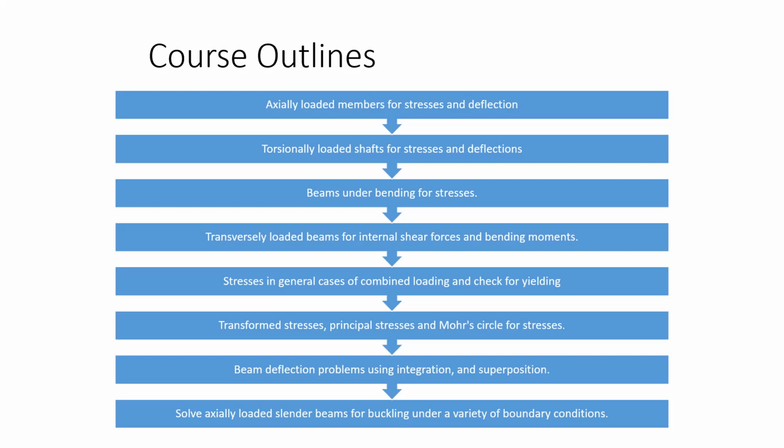Then after axial and torsional, we change to bending load. And in the summary, we will apply all those types of loads. We call this combined loads. What kind of stress will be developed inside the material if we apply all those types of load?